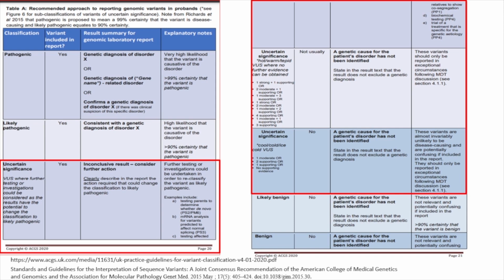Or if you have any biochemical testing to prove that the effect of the variant that you have observed is really affecting the function or the structure, then we can go ahead with the next level towards the genetic diagnosis.